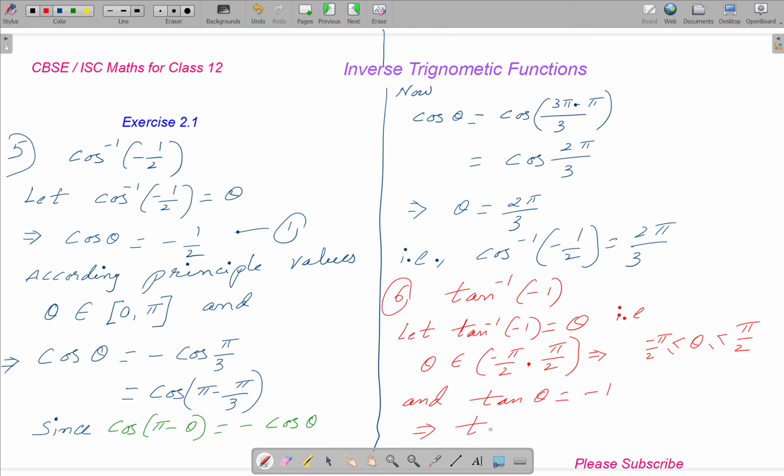That implies tan theta is equal to minus tan pi by 4.